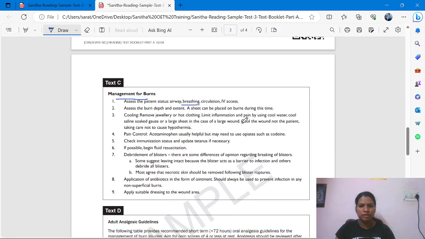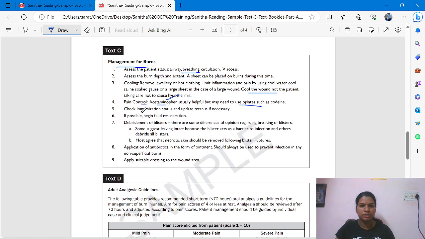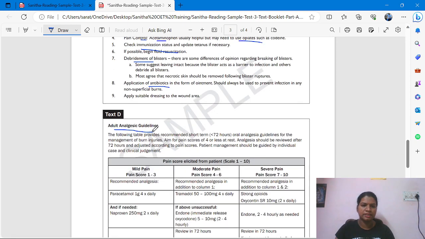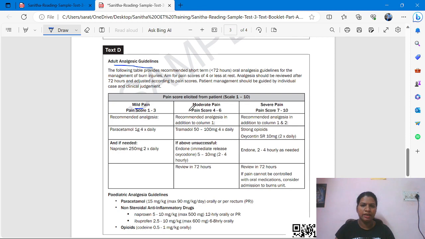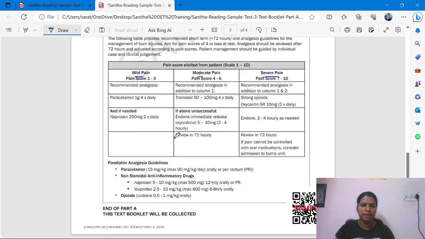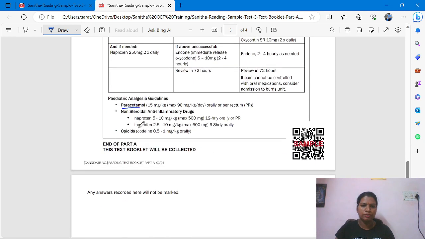What information do you see? Hypothermia, pain control, acetaminophen, opiates, immunization status, application of antibiotics, debridement of blisters, adult analgesic guidelines, mild pain, moderate pain, severe pain, paracetamol, non-steroidal anti-inflammatory drugs, opioids.